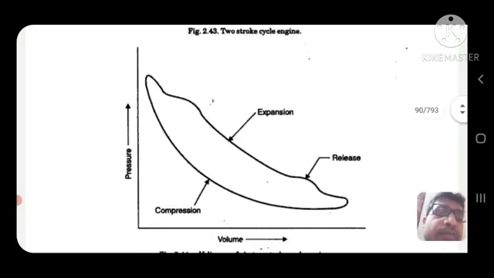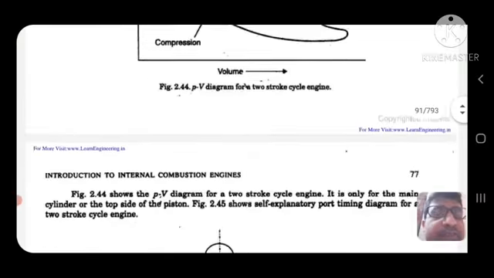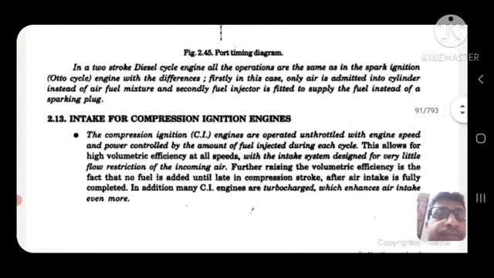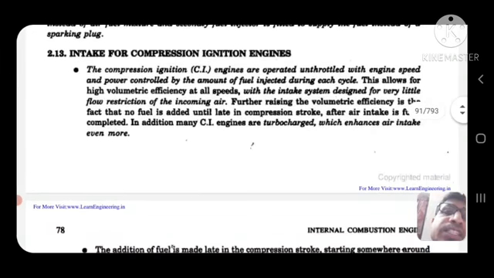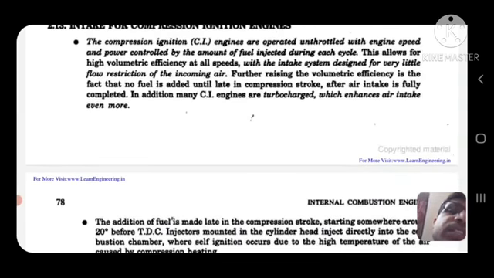Now, intake, expansion and release, as well as compression. This is the intake for a compression ignition engine. Compression ignition engines are operated unthrottled, with engine speed and power controlled by the amount of fuel injected during each cycle. This allows for high volumetric efficiency at all speeds, with the intake system designed for very little flow restriction in the incoming air.